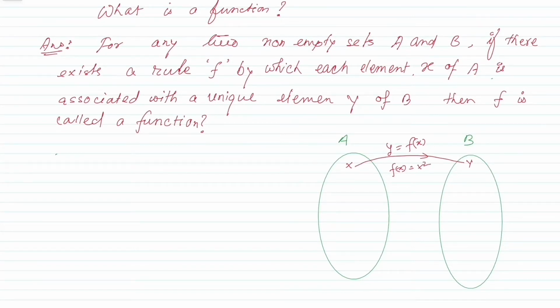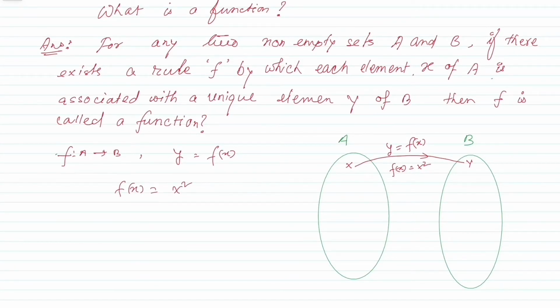So here the function f from set A to set B is given by y is equal to f of X, where f of X is equal to X square.